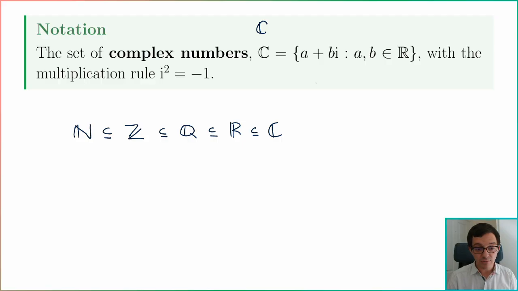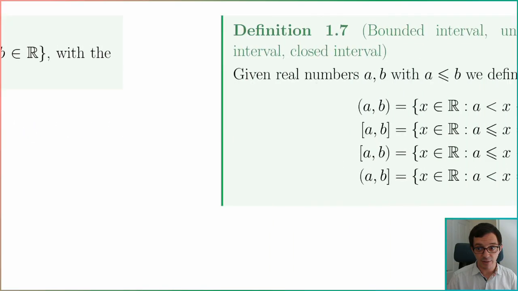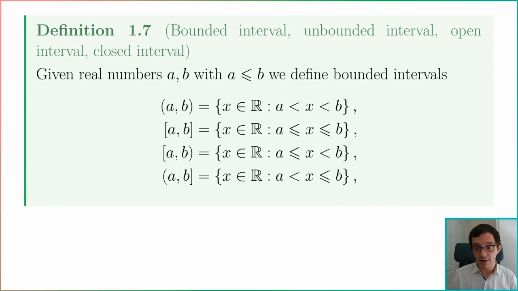For the reals, we can also take subsets, and there are some special subsets that have their own notation that I want to show you now. So we have bounded intervals, and this is part of the real number line. Of course, remember a subset could be just any collection of elements that are in the reals. But for the reals, we have inequalities, and these come up so much that they've got their own notation.